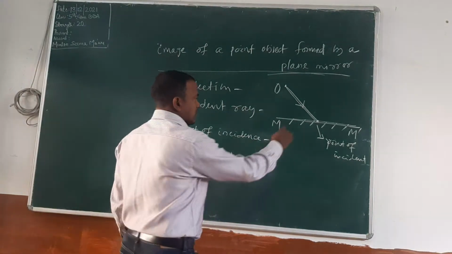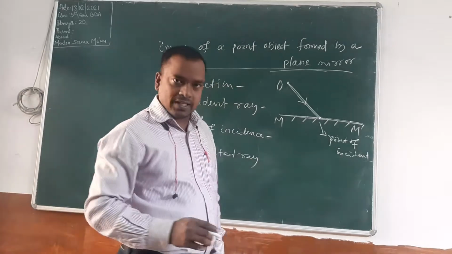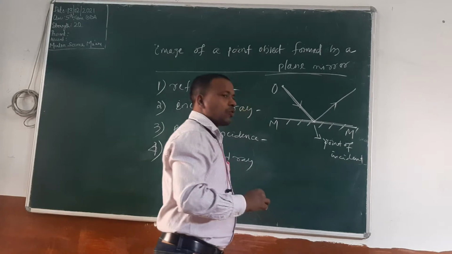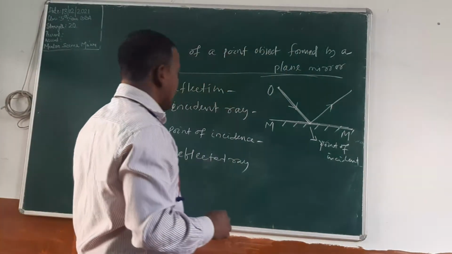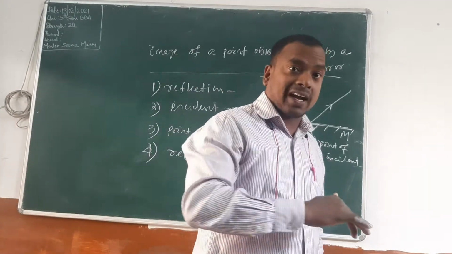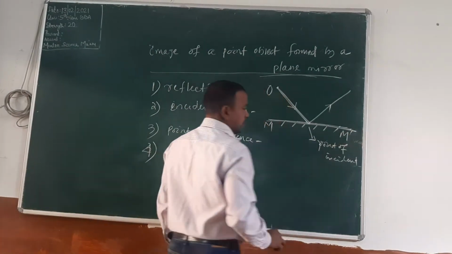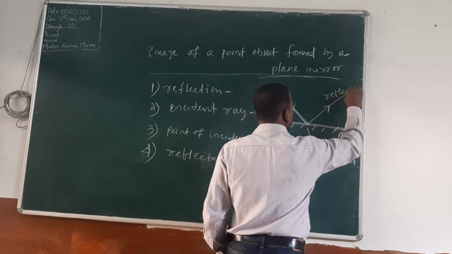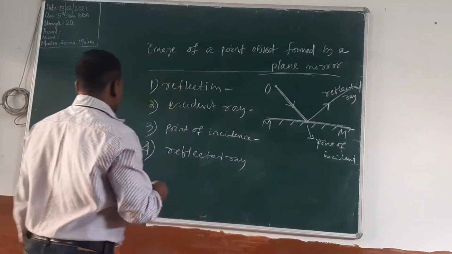After striking the reflecting surface, this incident ray goes back. That is your reflected ray.